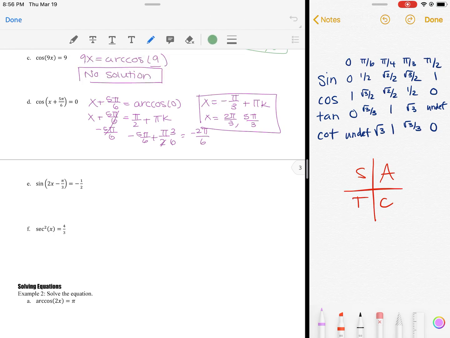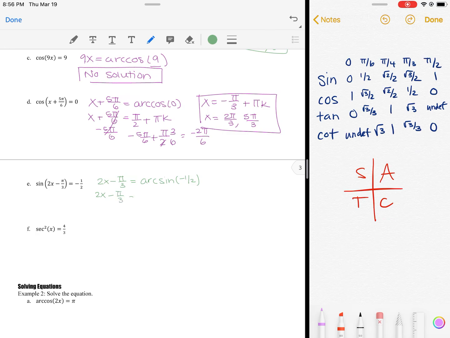As we take a look at this next one, we're going to do the same thing. So we get 2x minus pi thirds equals arc sine of negative a half. Unfortunately with arc sine, we're going to be in 2 quadrants, the 3rd and the 4th. So we don't have the fancy trick of just adding pi because they're not opposite each other on the graph. So we're going to have 2 different equations.